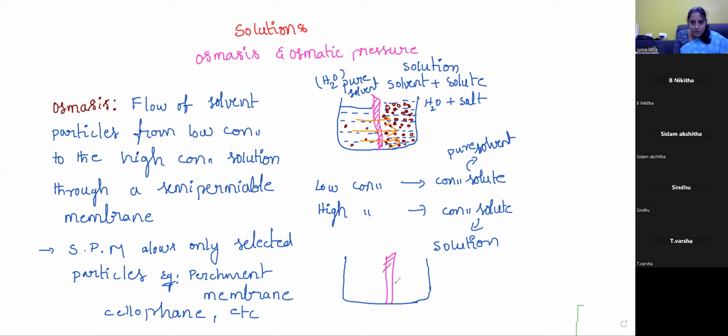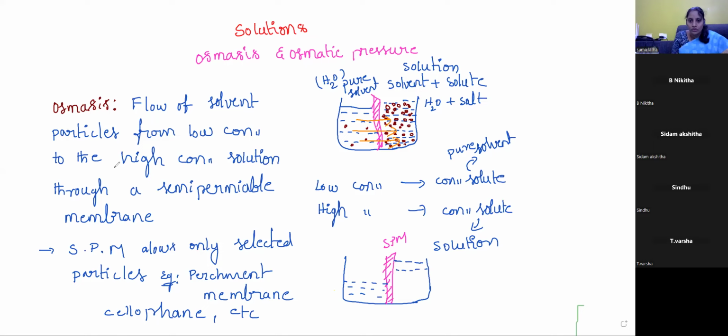See, this is the semi-permeable membrane. So here, the pure solvent volume would decrease because the solvent particles are transferred from low concentration to the high concentration.